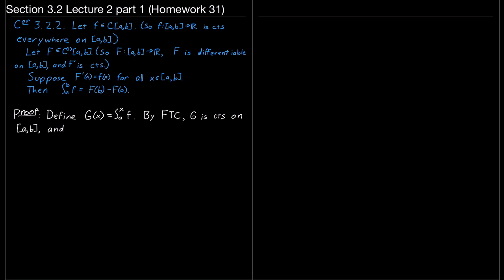And since little f is continuous everywhere, G prime of x equals f of x. So G prime exists and is continuous for all x in [a, b].